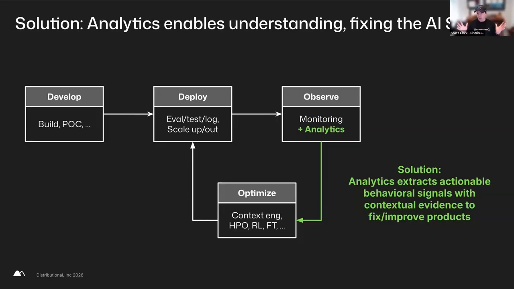And this, again, can help complete this AI software development loop by knowing what to look for. You can create better evals, you can create better reward functions for fine-tuning or reinforcement learning. It can point you to specific issues that you could use to append your system prompt or do any other sort of improvement to the system itself.